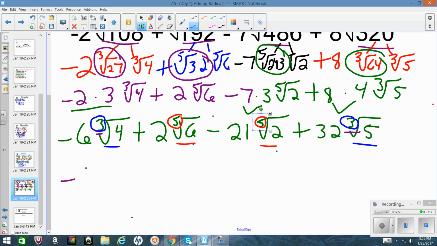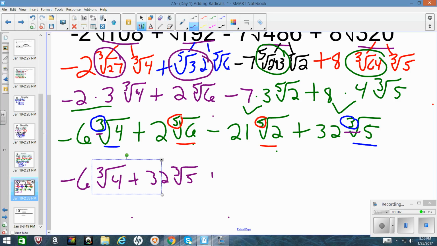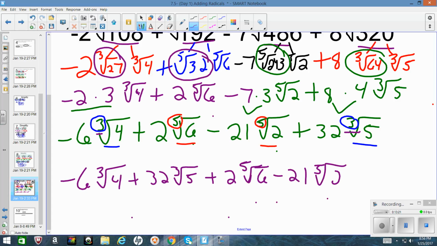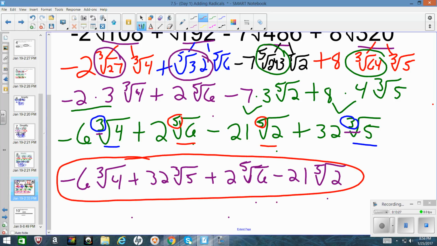So I'm going to have negative 6 times the cubed root of 4 plus 32 times the cubed root of 5 plus 2 times the fifth root of 6, and that would be minus 21 times the fifth root of 2. So there you go. Again, we can't simplify any farther, because index of 3, radicands are different; index of 5, radicands are different, so that is my final answer.